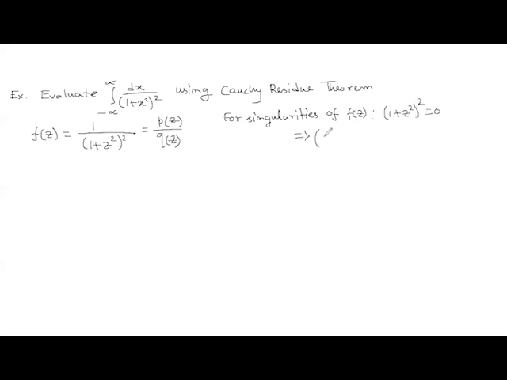From here we get (z plus i) whole squared times (z minus i) whole squared equal to 0. So the values of z are i and minus i, and the singularities of f(z) are z equal to i and minus i.